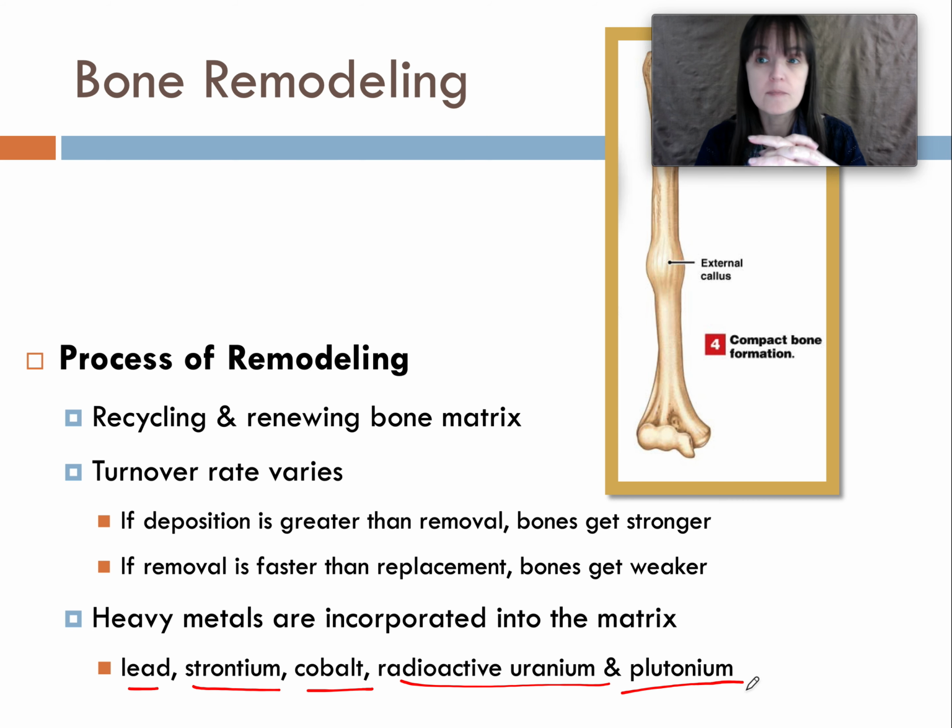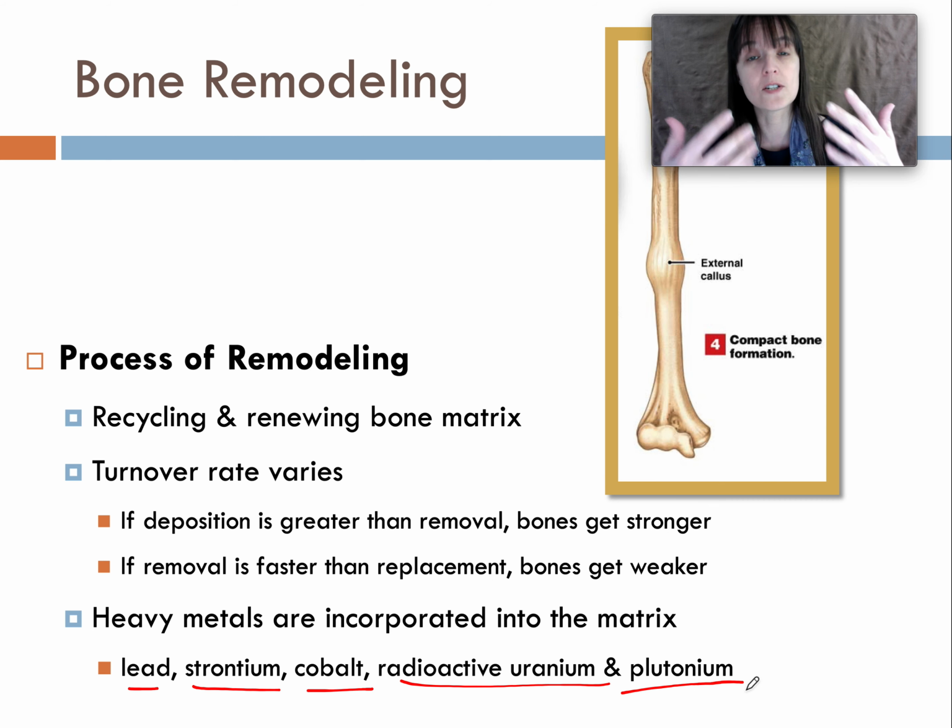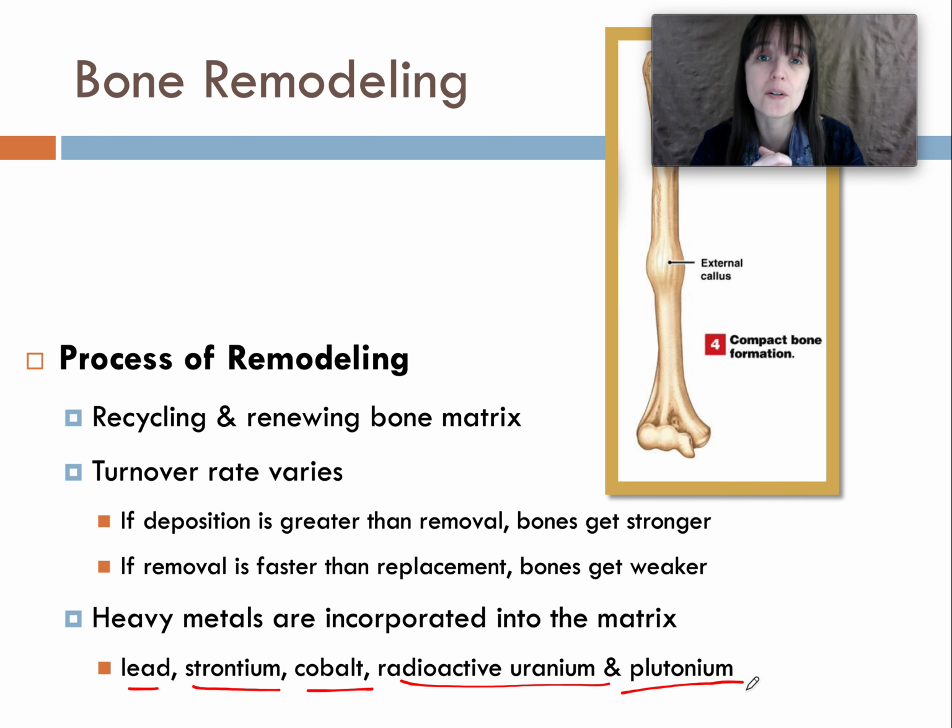It's mostly calcium, but there's all kinds of crud that gets stored into the bone matrix. And as the bone remodels slowly over time, you have a steady release of radioactive compounds into the bloodstream to float around the body and do all kinds of damage.